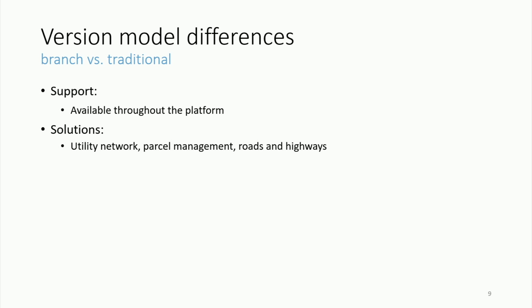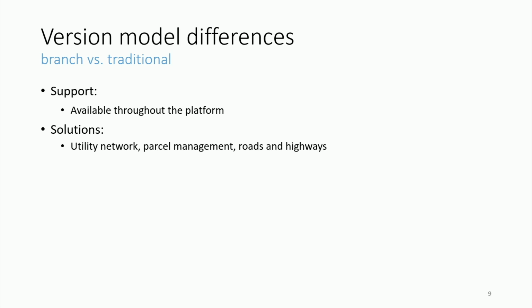Let's see. One of the differences, of course, is that branch versioning is available throughout the platform. It's exposed through services. Also, some of the newer data set types that we've been developing over the past decade are only available through branch versioning. First out of the gate was the utility network. You can't run it on top of traditional versioning. Nope, has to be branch versioning.